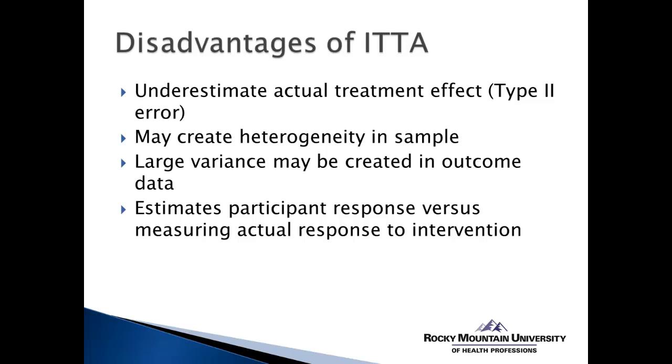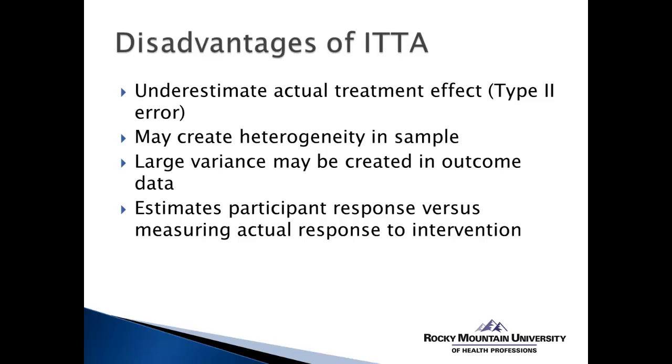Now, in intention to treat analysis, the estimate of the treatment effect is generally a little bit more conservative because of dilution due to non-compliance. So we might actually underestimate the actual treatment effect. So this could lead to some type 2 error. Also, we may create some heterogeneity in our sample because if non-compliant, dropout, and compliant subjects are mixed together in the final analysis, that might create some additional variance in the outcome data.